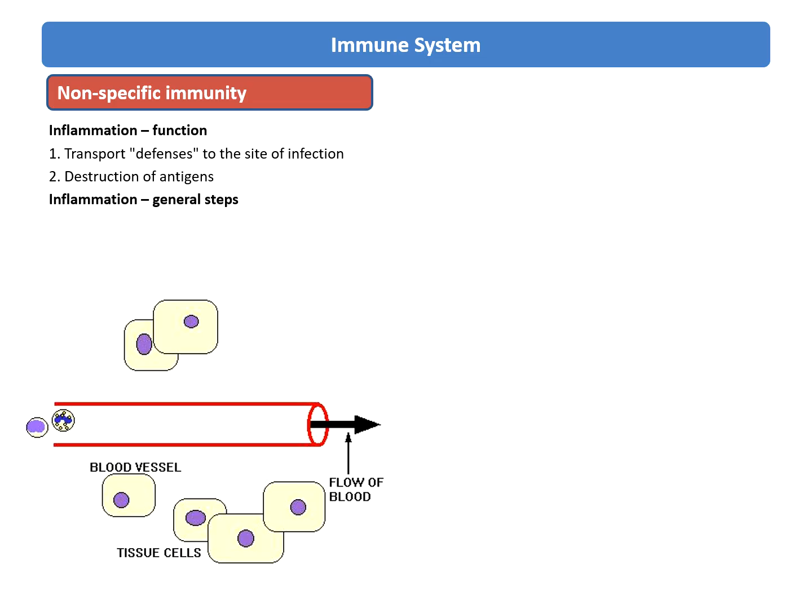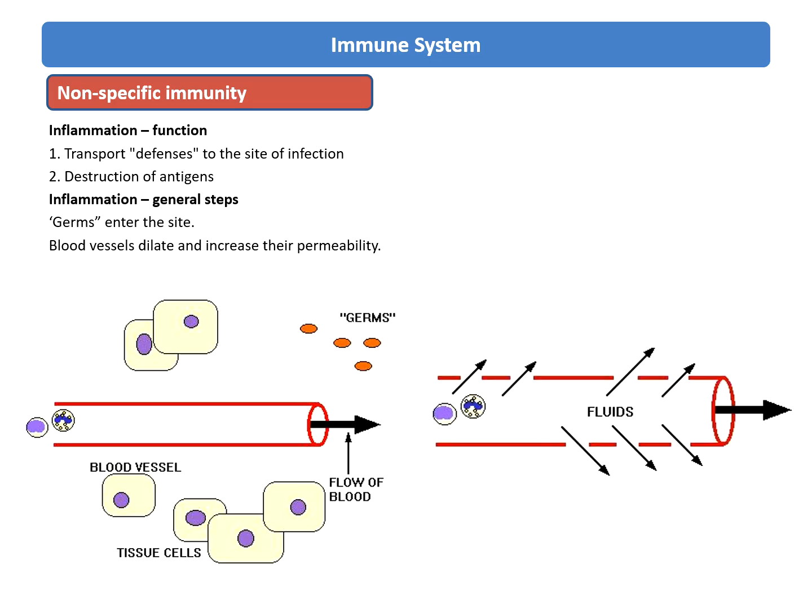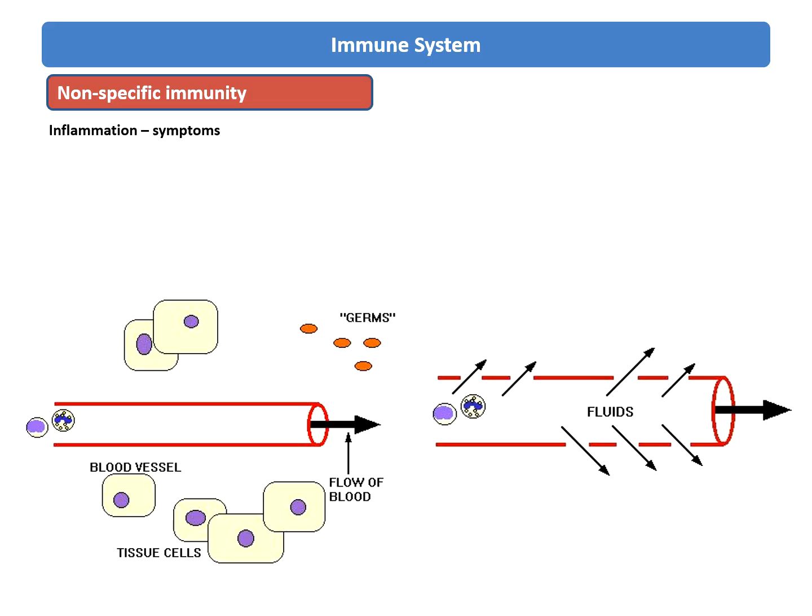Tissue cells are shown, and certain white blood cells are shown within the flow of blood. Germs enter the site. The blood vessel will dilate and increase its permeability. This allows fluids and white blood cells to exit the blood vessels and attack the germs.